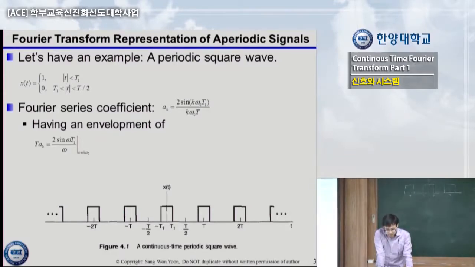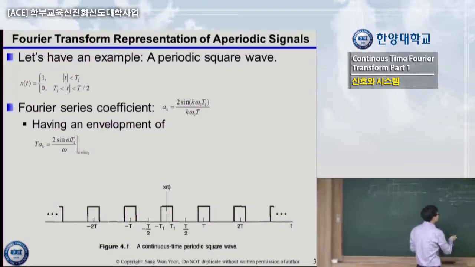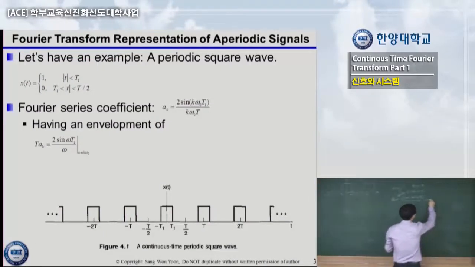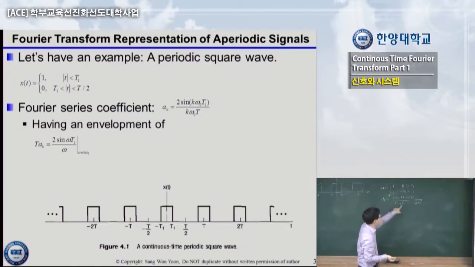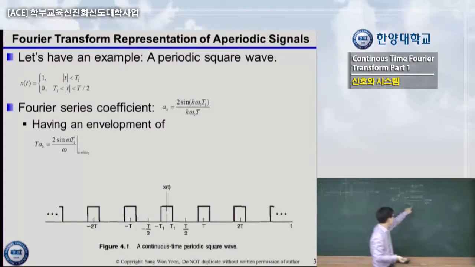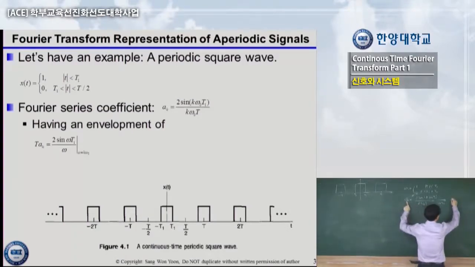So let's change this one to like this, so that this omega 0 t1 equals some value, and move this T to here. This is t1, T, so different. So T to here, which is a period.